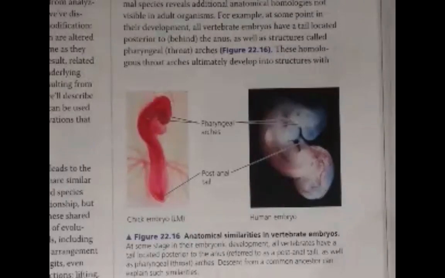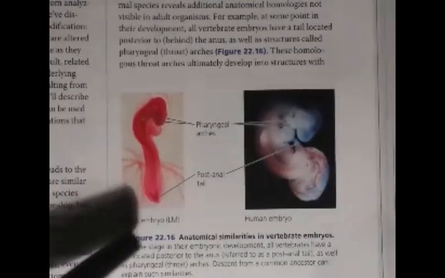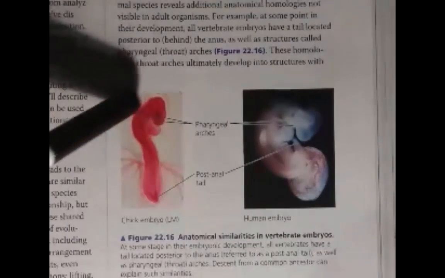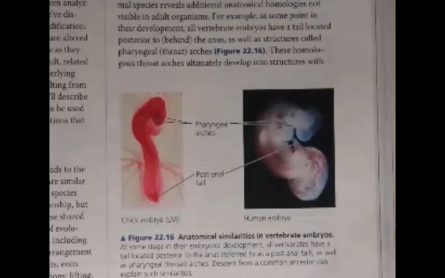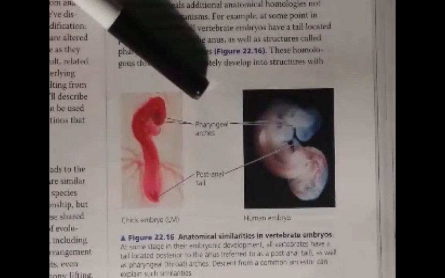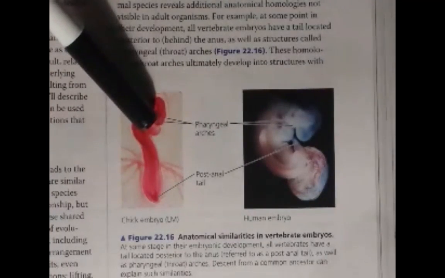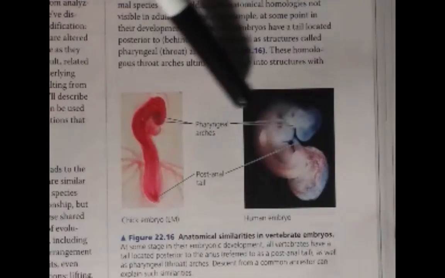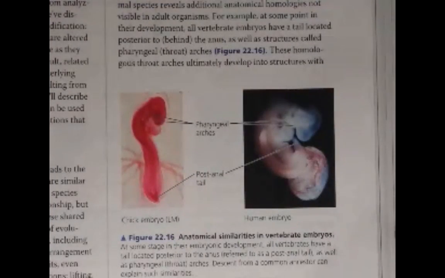Let's go back and look in your book real quick at these two embryos. On this side we see a chicken embryo, and here we see a human embryo. They have some very similar features, but there are two things we want to point out. The pharyngeal arches we can see right here in the head region, and over here in the human embryo as well.